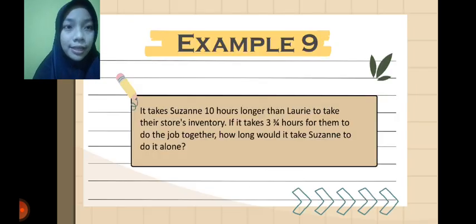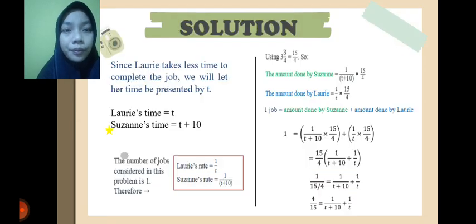Example 9. It takes Susan 10 hours longer than Larry to take their store inventory. If it takes 3 and 3/4 hours for them to do the job together, how long would it take Susan to do it alone? The solution. Since Larry takes less time to complete the job, we will let his time be represented by t.